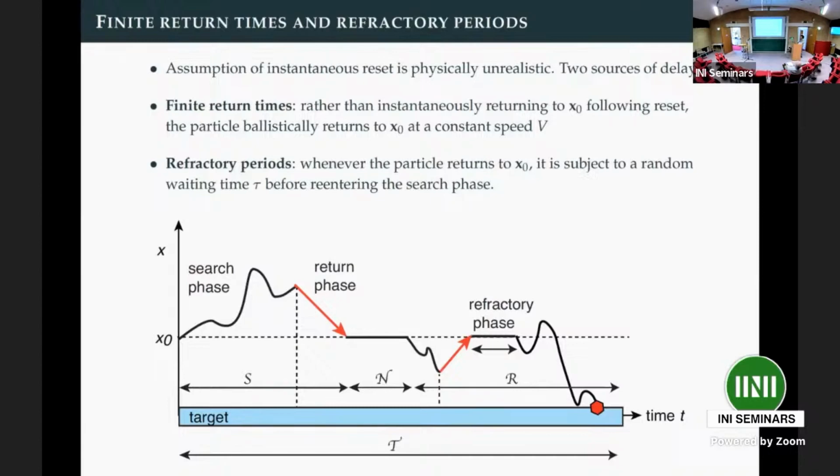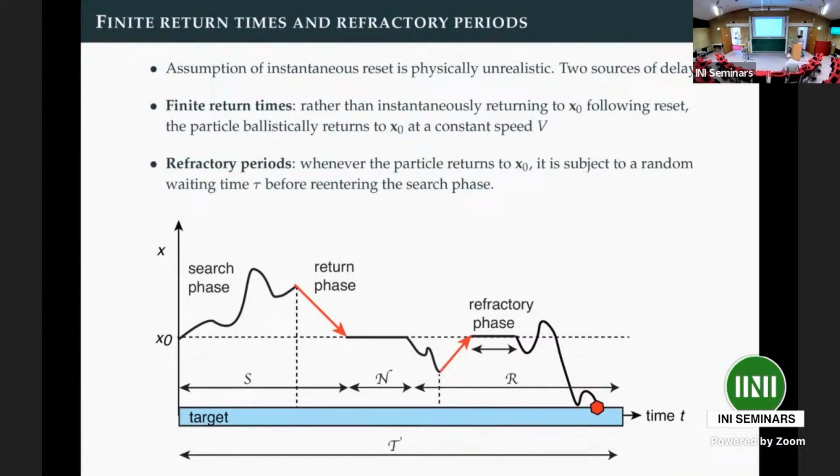So there's a refractory period, a waiting time before you start the search process again. Both of these are relevant and, I think, important to include. And so the question is, how do you generalize the renewal theory I talked about, which is straightforward for instantaneous reset, when you have these two sorts of delays, finite return times and refractory periods?